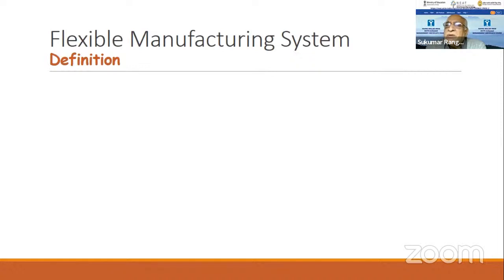There are various operations in machining. Then these machines started becoming computer numerically controlled, or what are called CNC machines. But still discrete operations, one after the other.